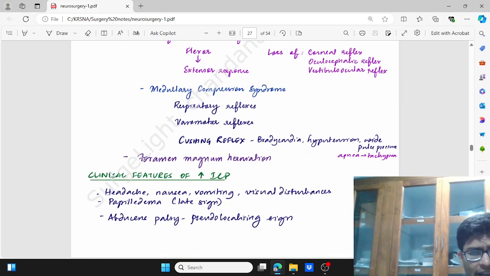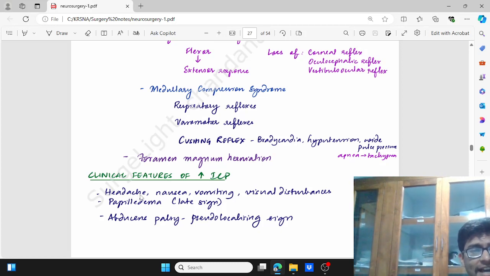Now we have the clinical features of raised ICP, that is headache, which could be a high pressure headache or a low pressure headache. It can be associated with nausea, vomiting, and visual disturbances. The headache is worsened on coughing or standing.